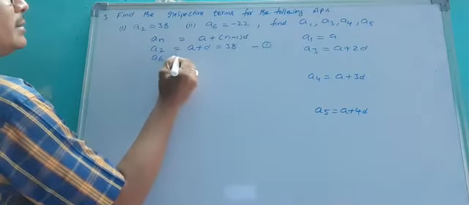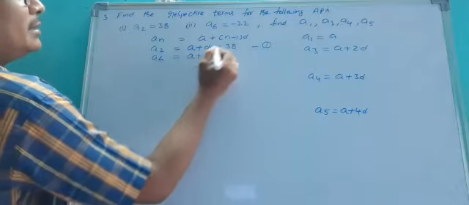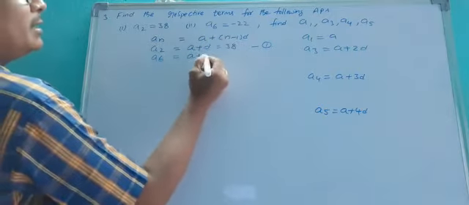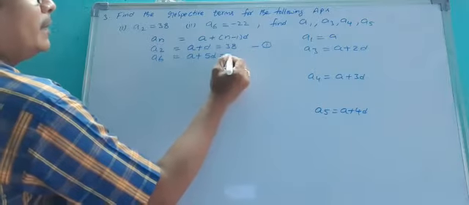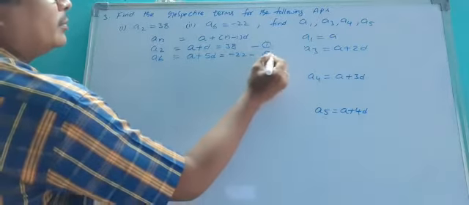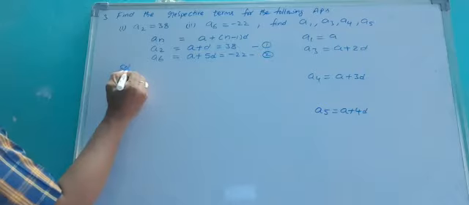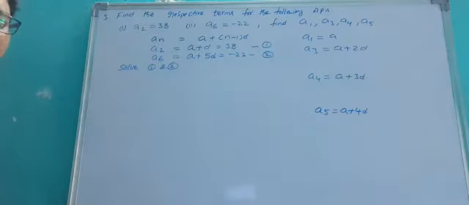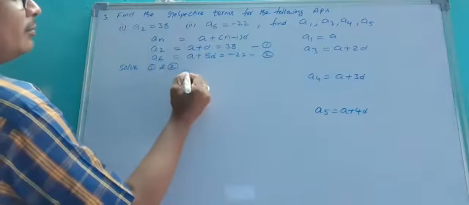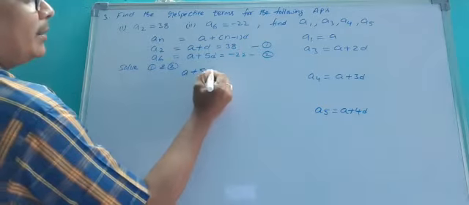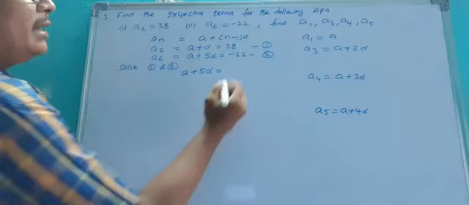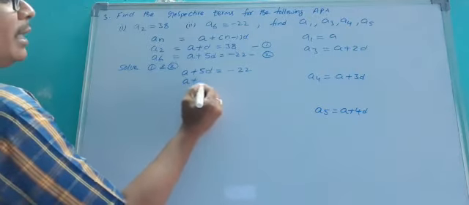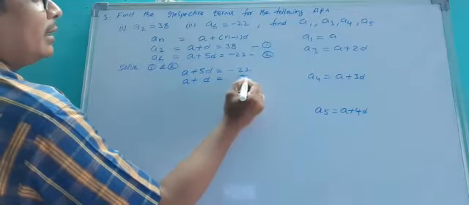And A6 means A plus 5D equal to minus 22. This is equation 2. Now we have to solve 1 and 2. Write the biggest term first: A plus 5D equal to minus 22, and the smaller one, A plus D equal to 38.